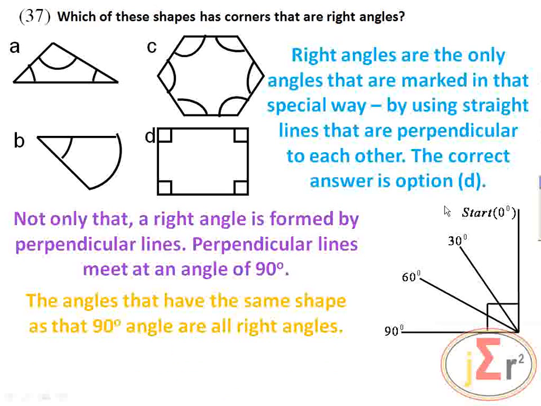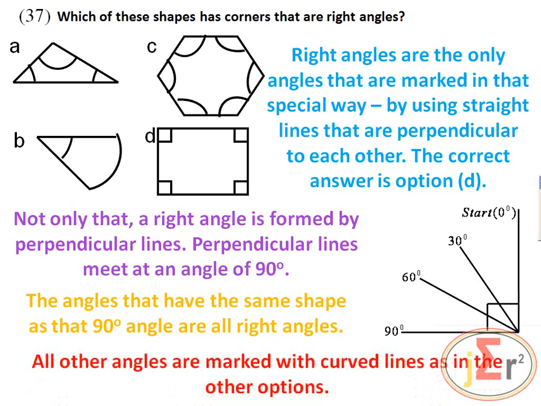Notice the shape of this right angle. The ones that have the same shape, this one also, the one up here also, although they are not arranged in the same way, but they have the same shape, those are our right angles.